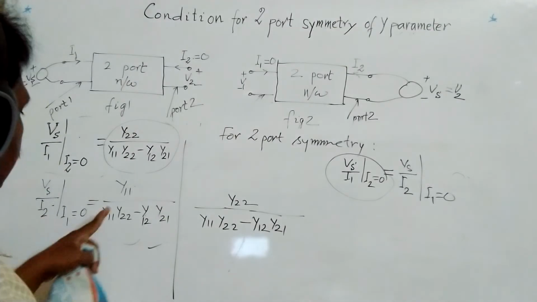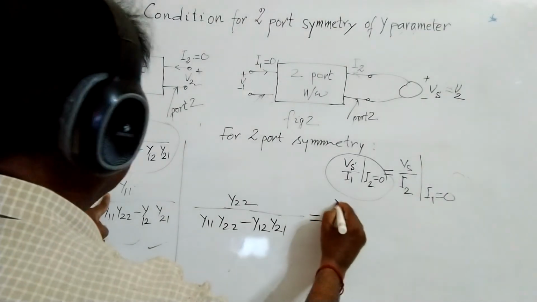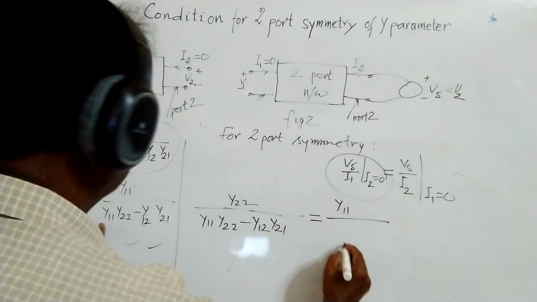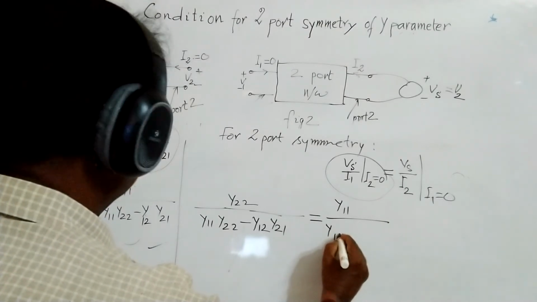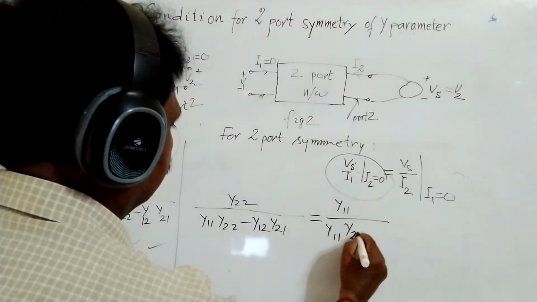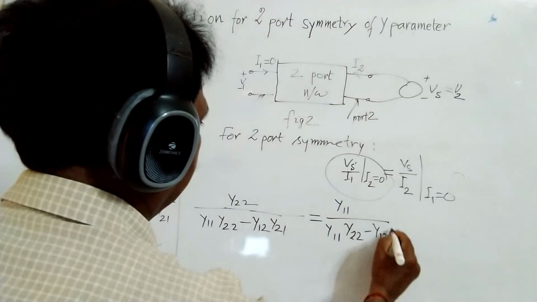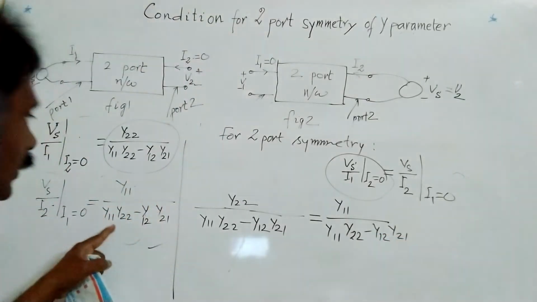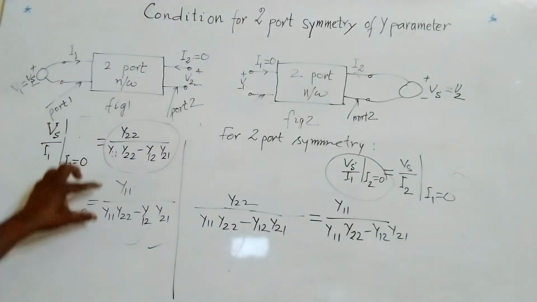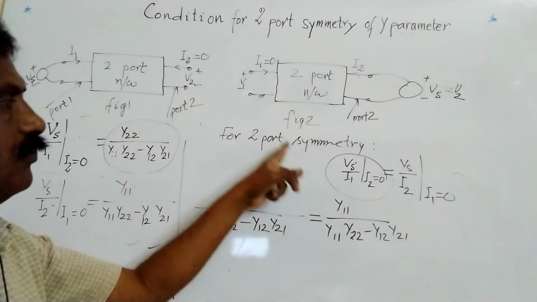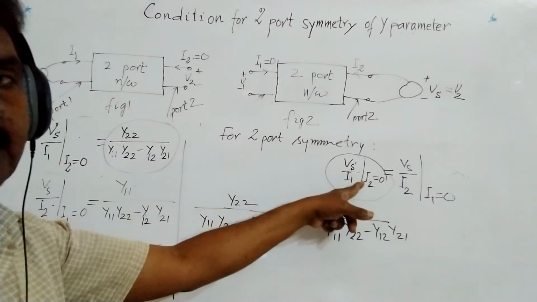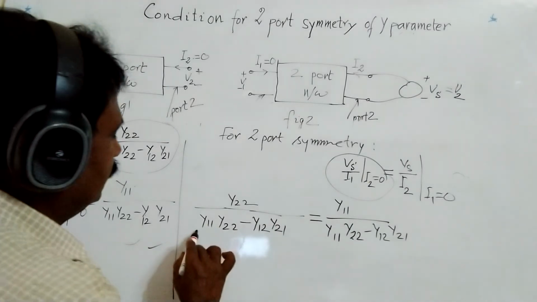These values should be equal for the condition of symmetry. Then let us cancel out these things.